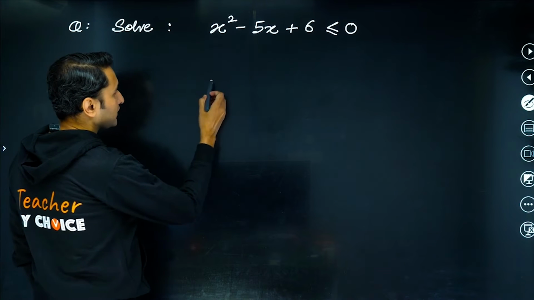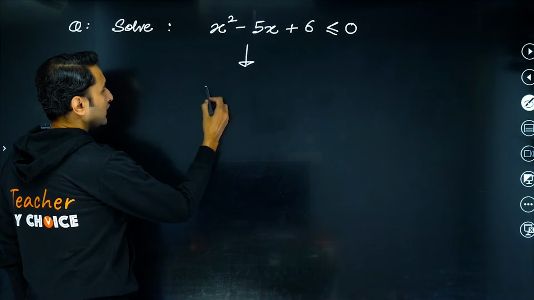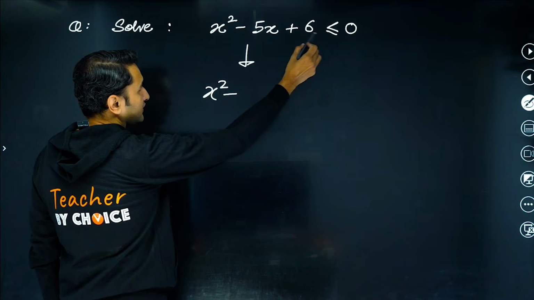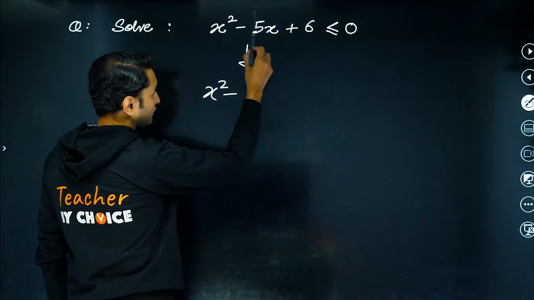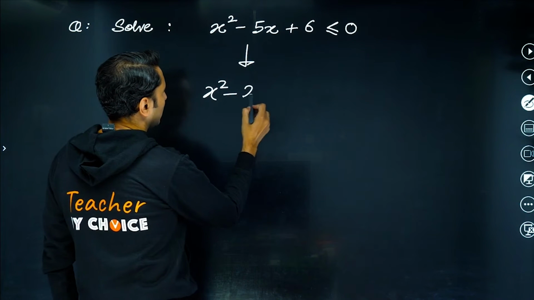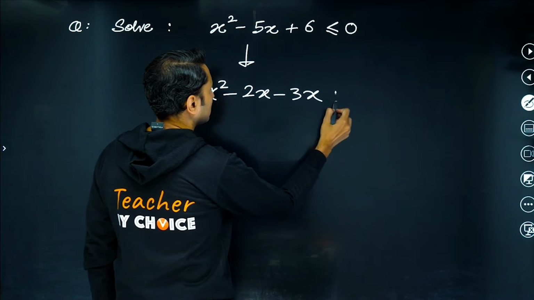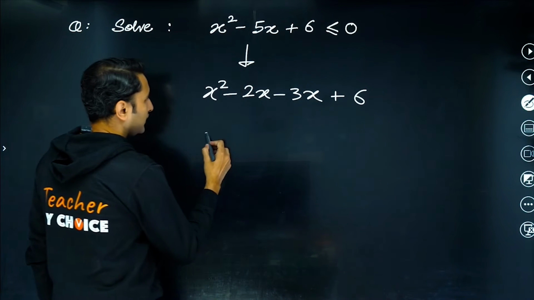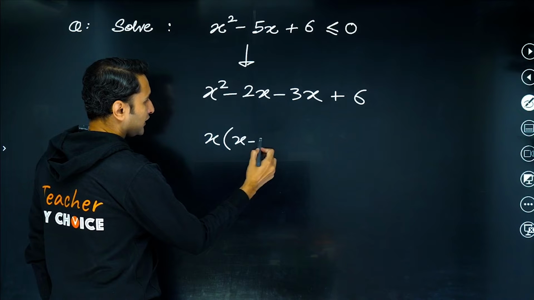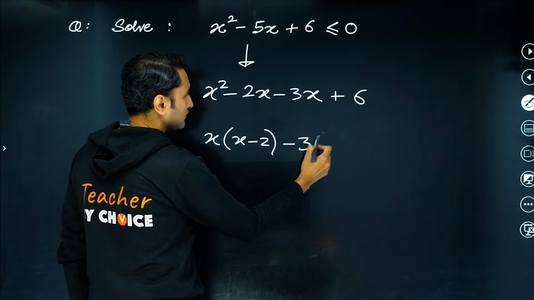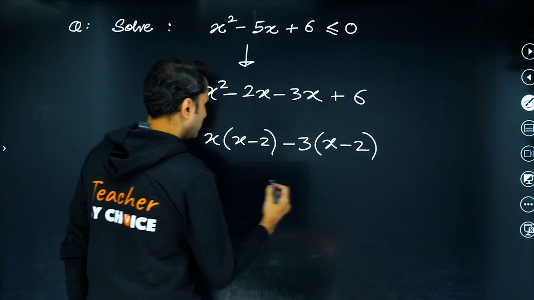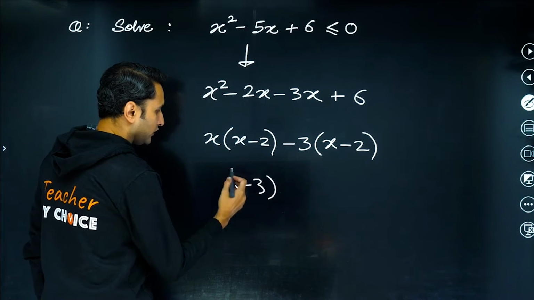x square minus 5x plus 6. Factor: 6 is 2 into 3, and 5 is 2 plus 3. So x square minus 2x minus 3x plus 6. x common: x minus 2, minus 3 common, x minus 2. So it is x minus 3 into x minus 2.